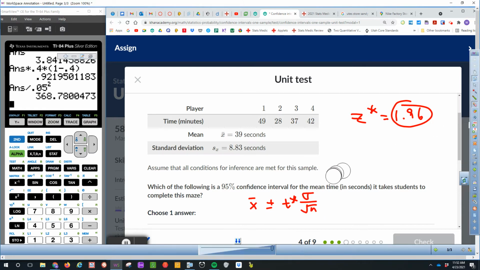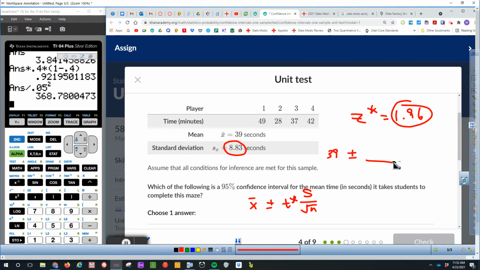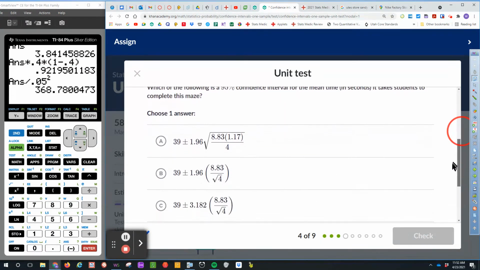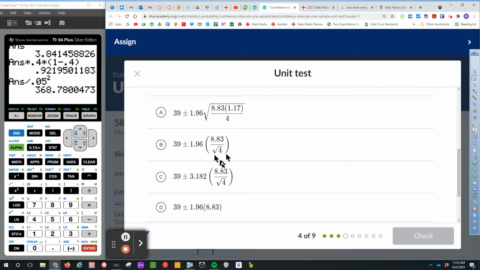Actually, this standard deviation is not the population standard deviation; it is the sample standard deviation right here, 8.83. So in order to write this out, it will be 39 plus or minus T star, which I'll find out in a second, times 8.83 divided by root 4, because the sample size is 4. So root 4. All right, so it seems like this might be, oh wait, I need to find T star.